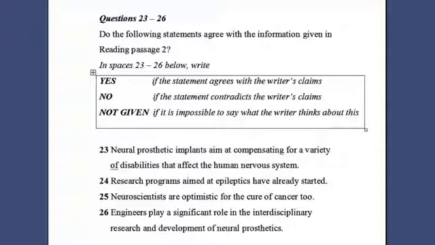So, as a matter of fact, that cannot be paraphrased easily, so it is going to be the same in the text. The same goes with the word neuroscientists in question 25. And remember that all the answers, yes, no, not given, will be used at least once. So, if you complete the task and you haven't used one of them at all, well, something went wrong.